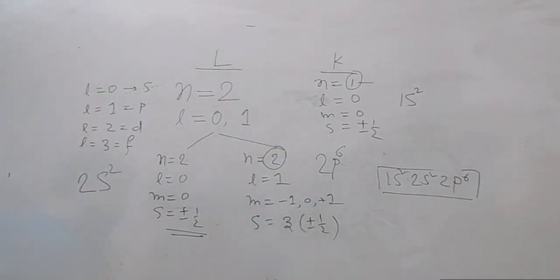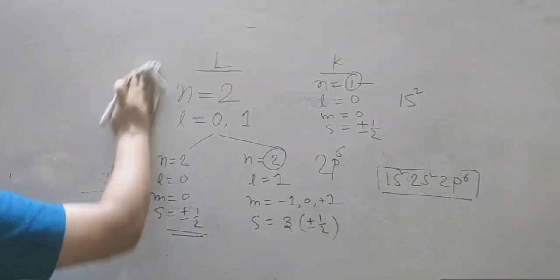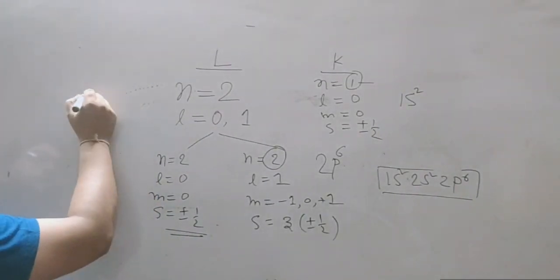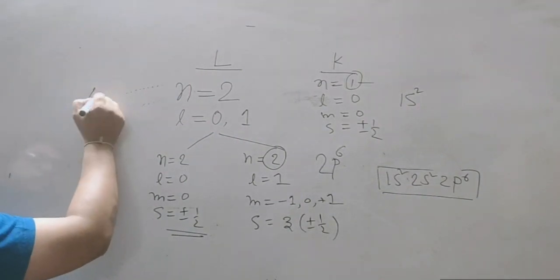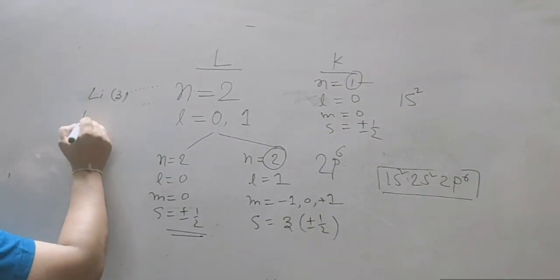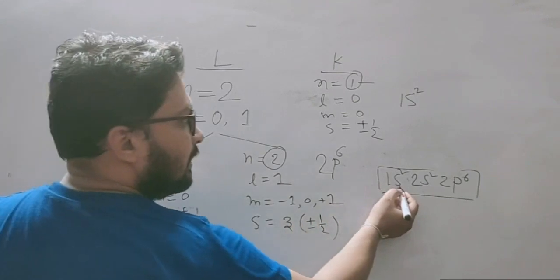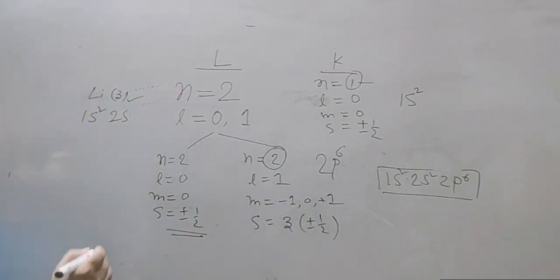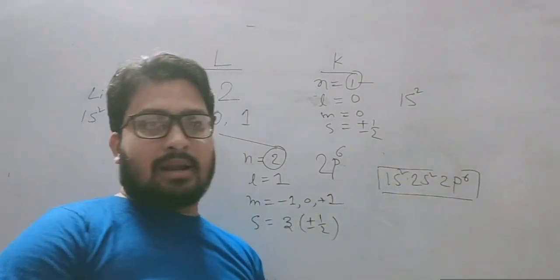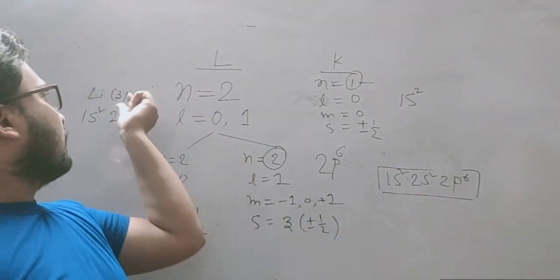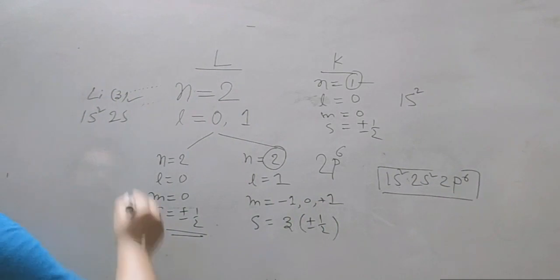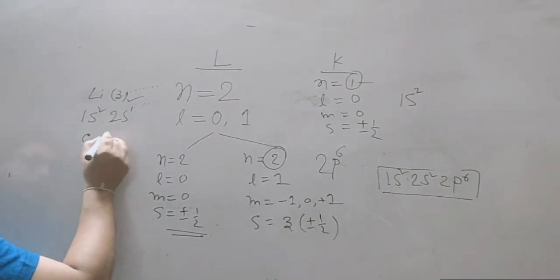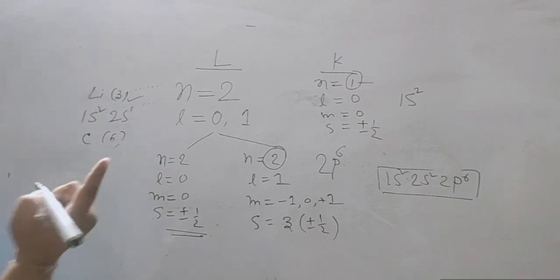How? Suppose you have lithium. Lithium means atomic number 3. That means 1s2, and 2s is not required fully because here there are only 3 electrons. So 2s can take 2 electrons, but we require only 3 electrons in total. So you can write 1s2, 2s1. For carbon, the number of electrons is 6.